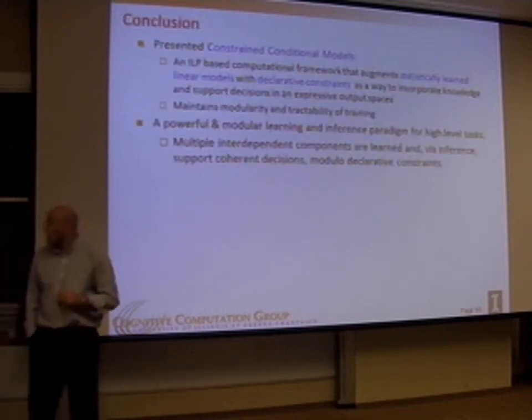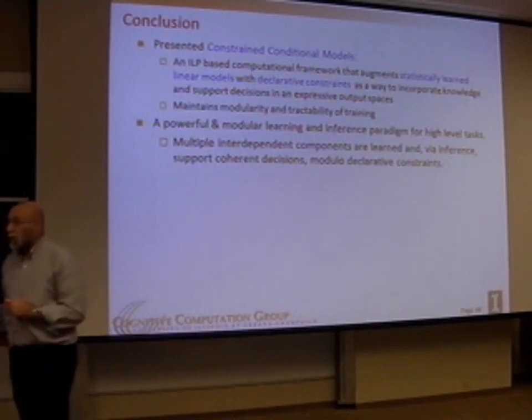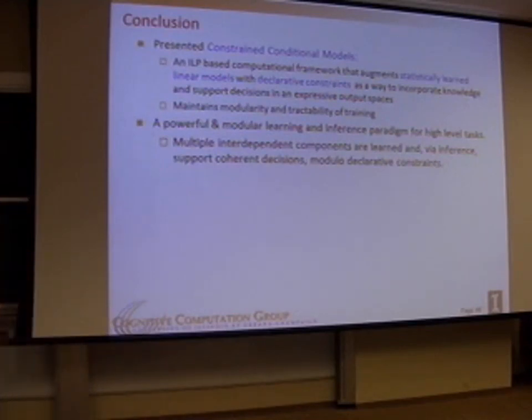Okay, so let me summarize the talk. Basically, I wanted to present constrained conditional models. So it's an ILP-based formulation framework that allows one to augment statistically learned models with declarative constraints, with the goal of facilitating the incorporation of knowledge in order to support global decisions in expressive output spaces in NLP problems.